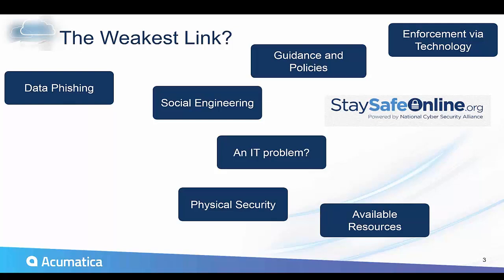You can put into place the best IT policies. You can put into place the best IT systems. But at the end of the day, it always comes down to making sure that you have the right people in your organization.